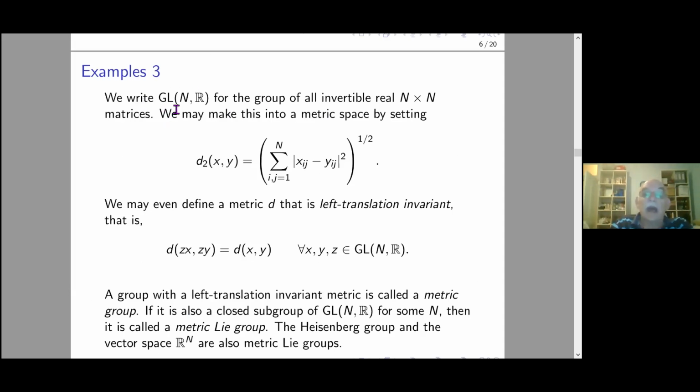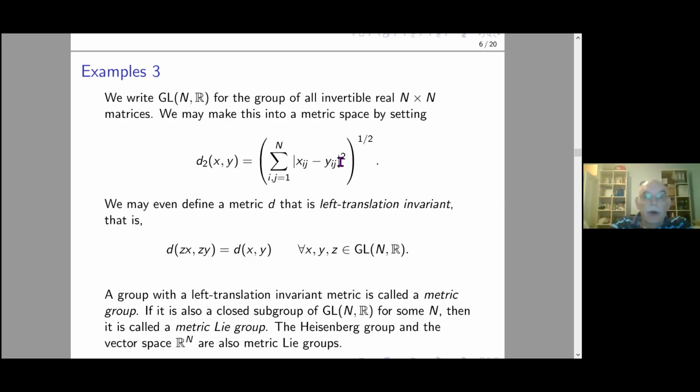I call that GLnR, the general linear group of n by n real matrices. As long as I take real matrices that are invertible, I can multiply them and take inverses, so I have a group of matrices. We can make this into a metric space by defining the sum of the squares of the differences of all of the entries, and that makes it into a metric.